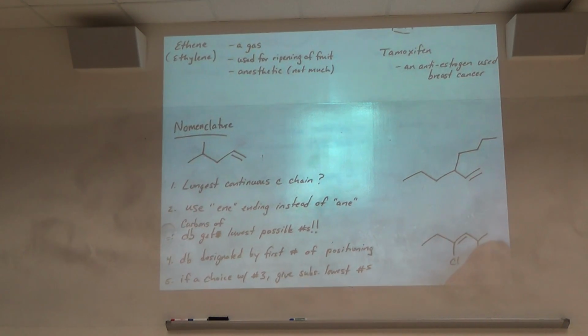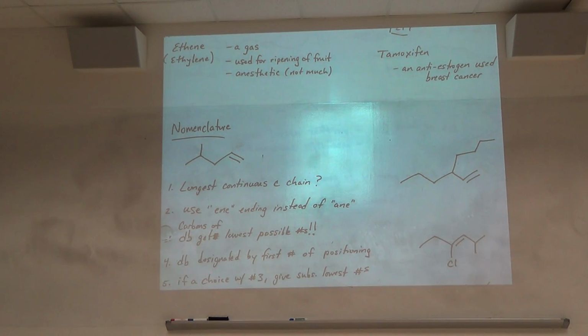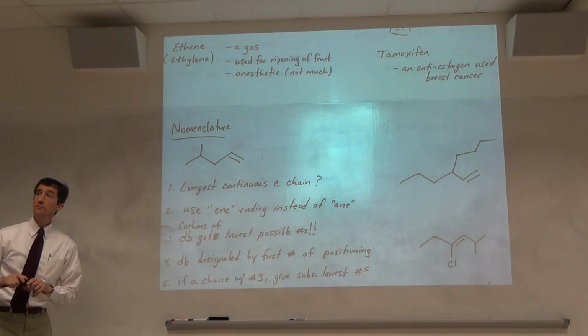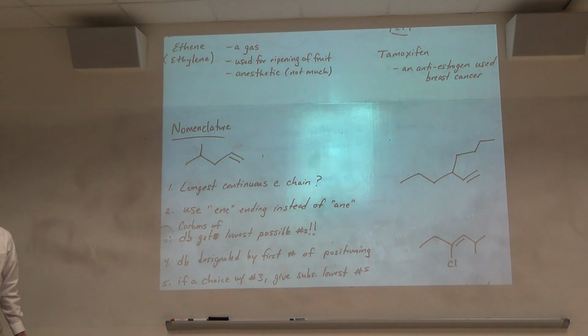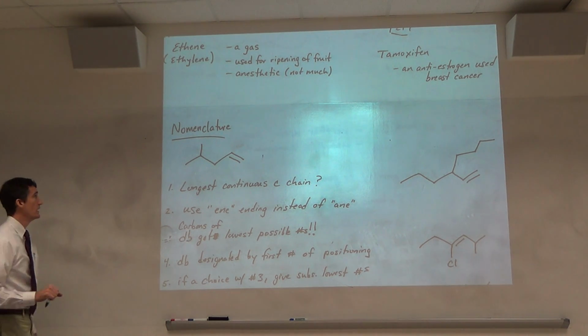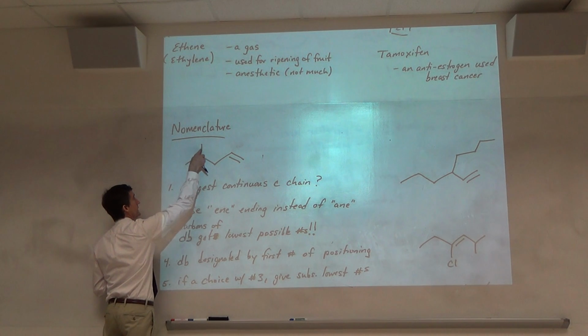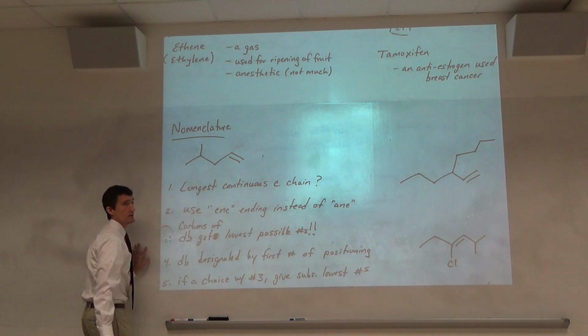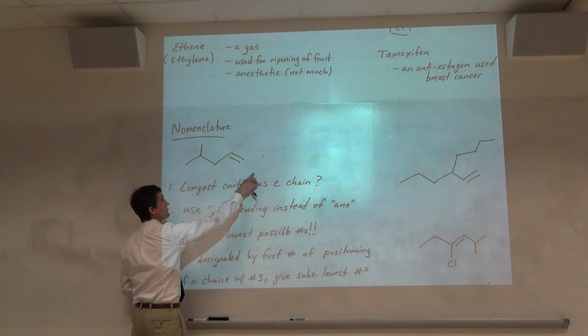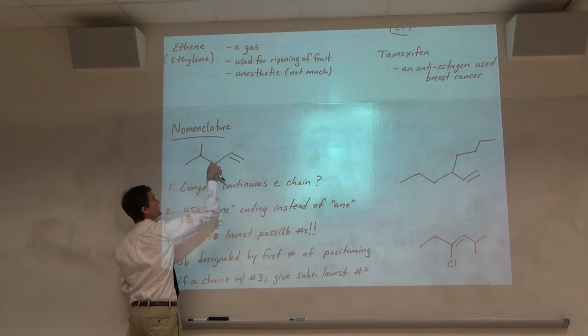Nomenclature. Just like with alkanes, we find the longest continuous chain. But the carbon-carbon double bond has to be in that longest continuous chain. So, 1, 2, 3, don't even count that because the double bond's not in there. Might as well start on the end of the double bond. 1, 2, 3, 4, 5.